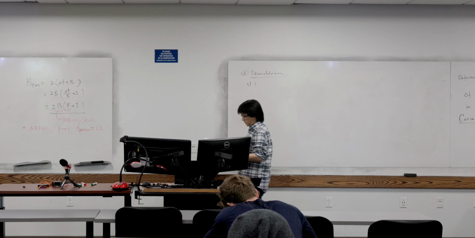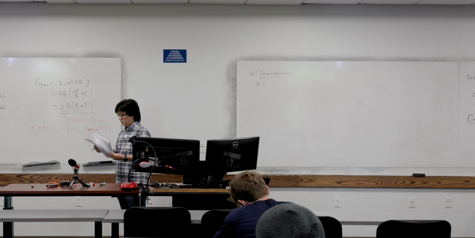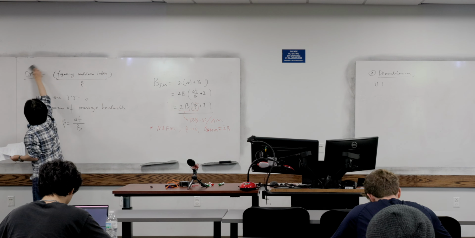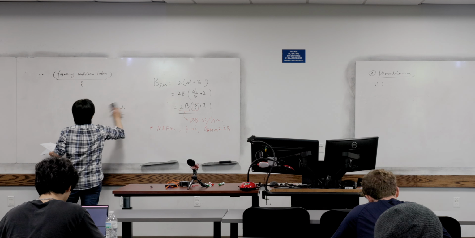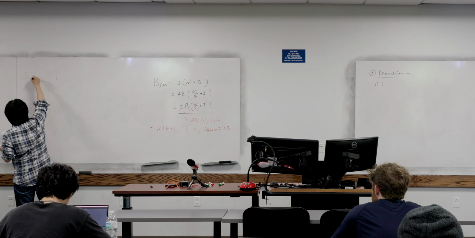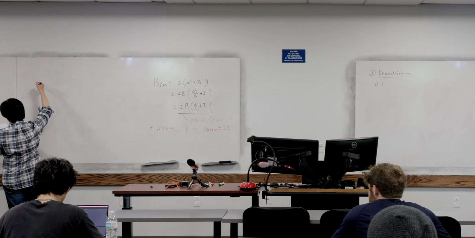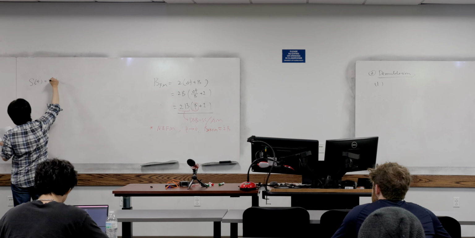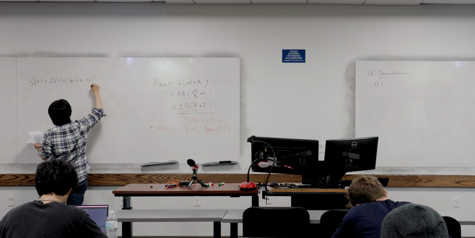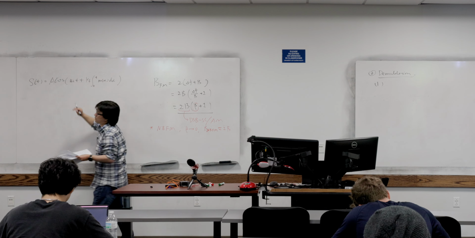For the demodulation, can you think of an easy way to demodulate this signal? Maybe let me write it here to make sure you remember it. For simplicity, let's assume that the modulated signal is A cosine of omega c t plus kf times the integral of m.